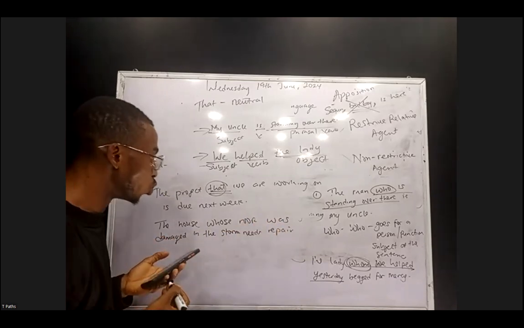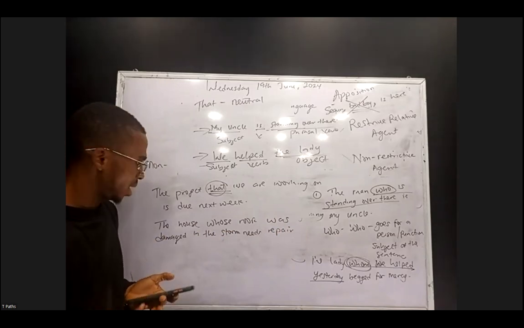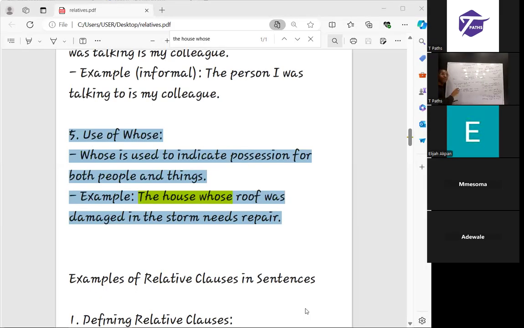Now, the relative agent we have here is whose. The functionality of this whose is to take note of possession, ownership. In this case, we are looking at where this roof belongs. So the house whose roof was damaged in the storm needs repair. This roof belongs to the house. Do you understand? So the case of whose is to show the ownership of something.